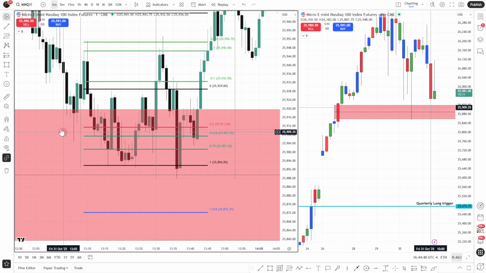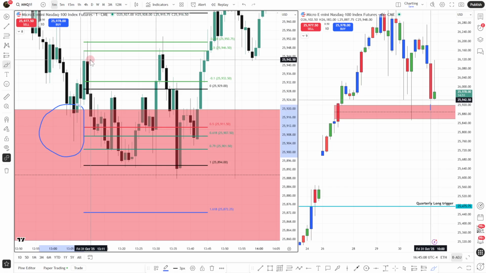Okay. Now, if we look at price action within this point of interest, really we have our groups. Okay. And remember I said the market likes to work in threes. And so we have our first test and reaction in this fair value gap. Okay.